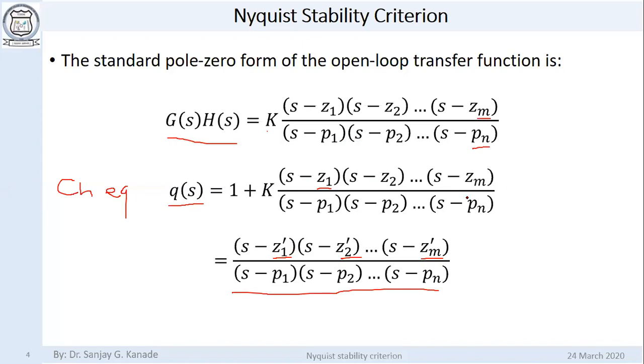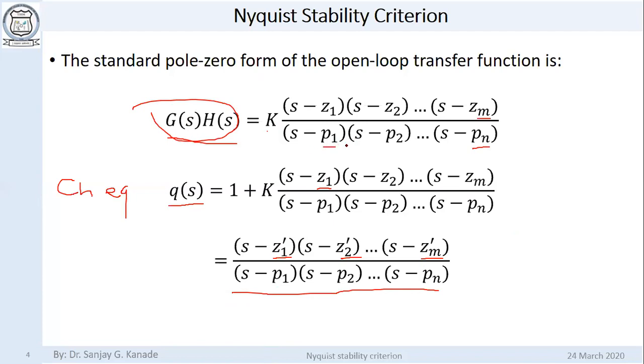Now comes the tricky part about the words. Okay. What are the closed loop poles? What are the closed loop poles of the system? Remember, this is the open loop system, right?